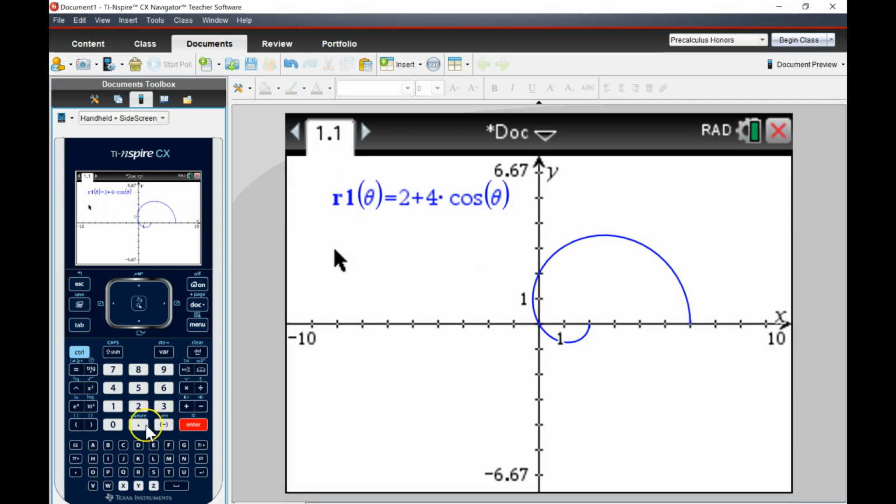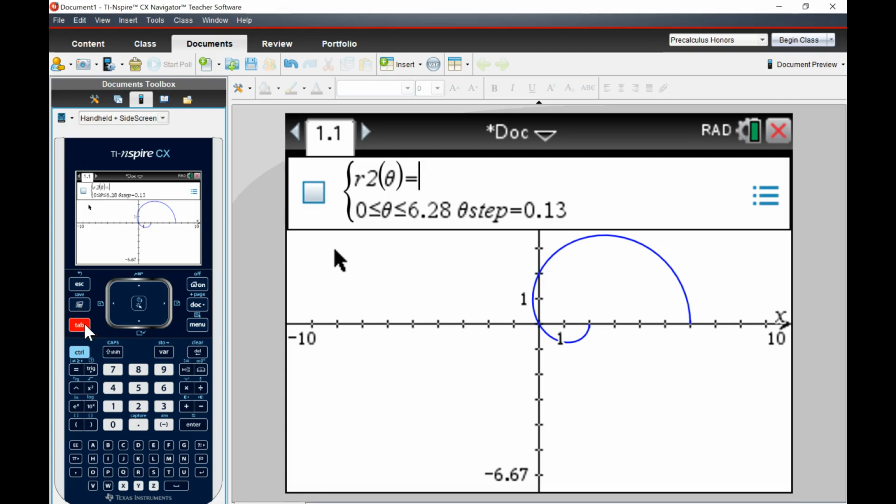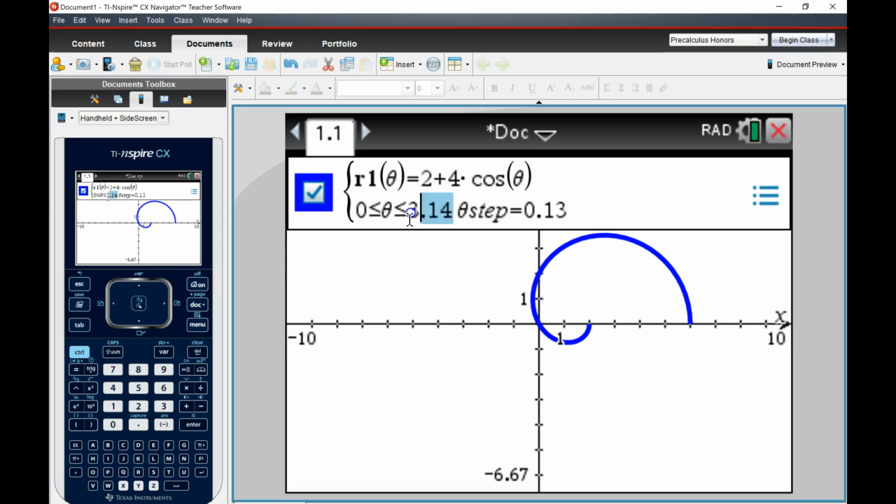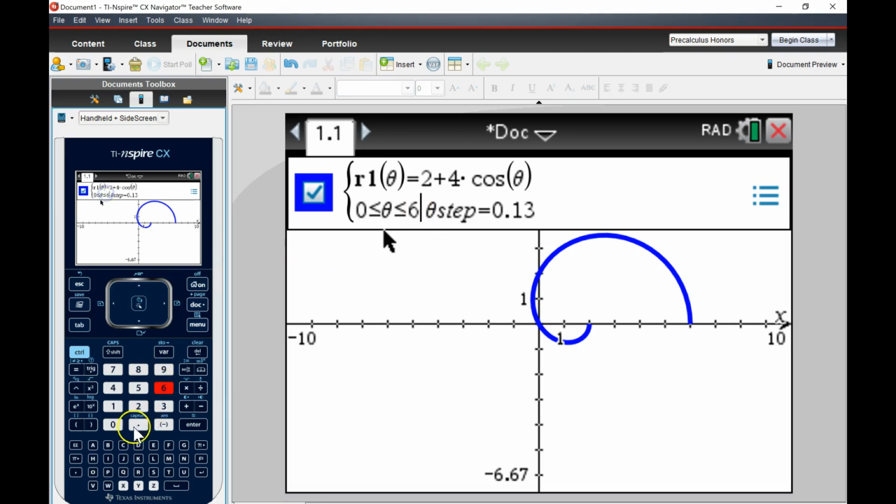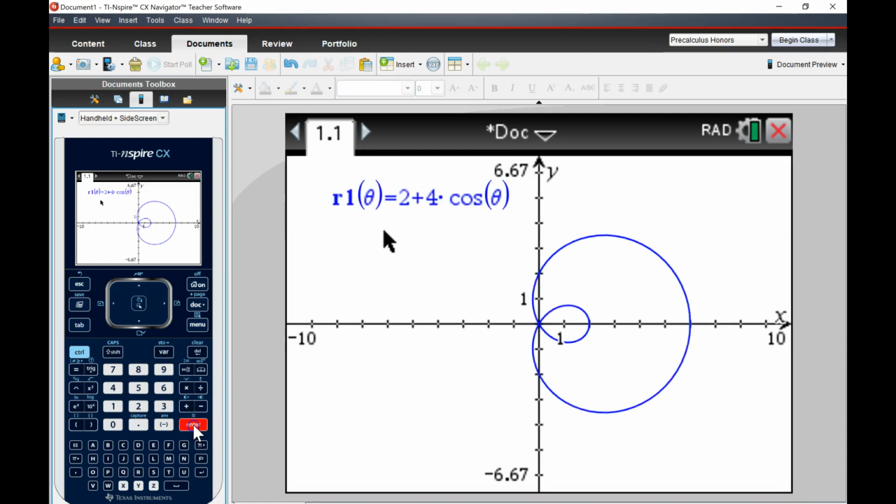Okay? So look at what I did. I put in this thing, and I went only from 0 to 3.14, and it only graphed half of the limacon for me. So now if I wanted to go back to 6.28, it would graph the entire thing for me.